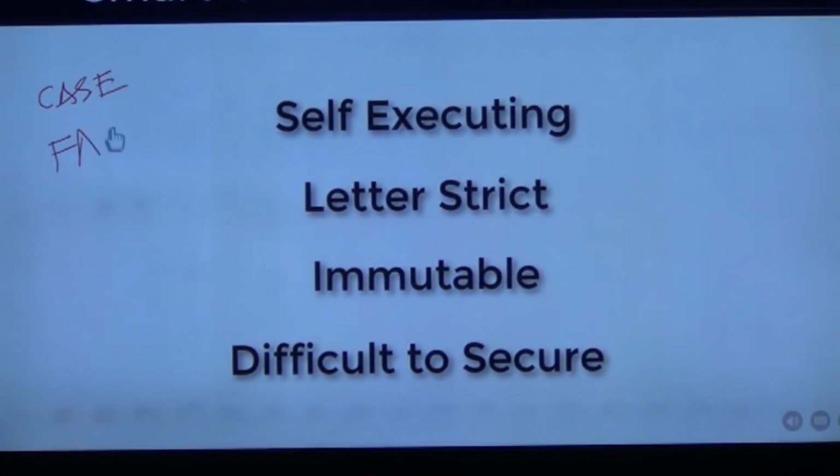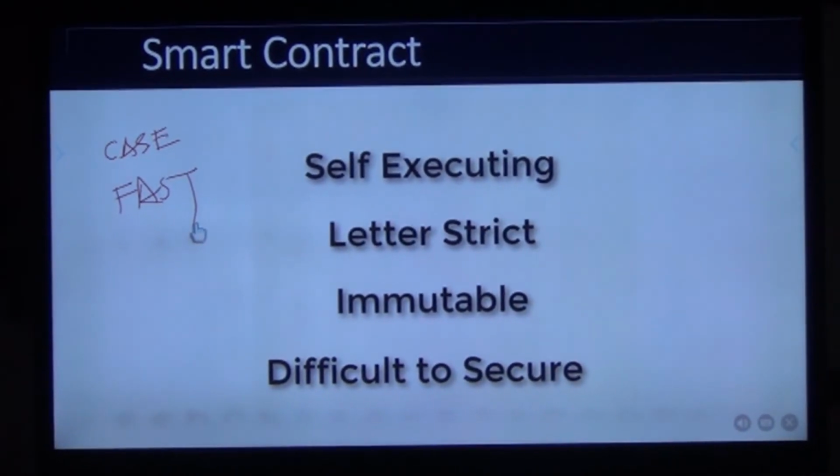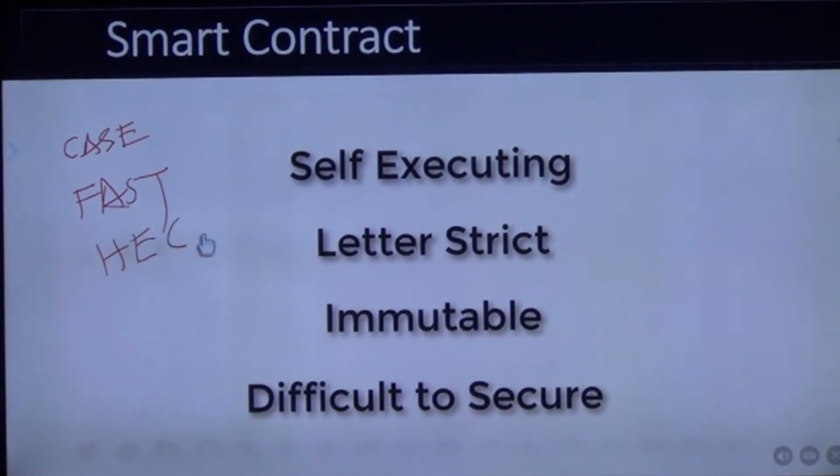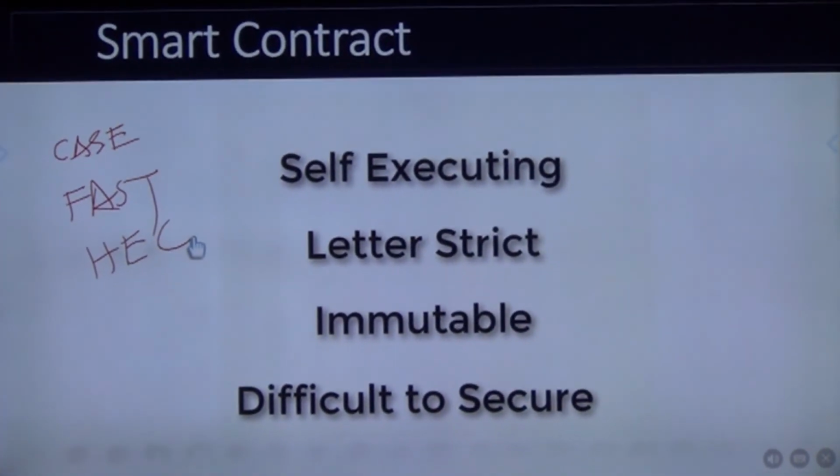Why? Because as I started by giving you this example, let's say we want to have a smart contract between CASE and FAST, and then we also bring in HEC just to look at what is happening, so that HEC tomorrow must not say that we will not accept this transcript or degree because some courses students have taken from FAST.